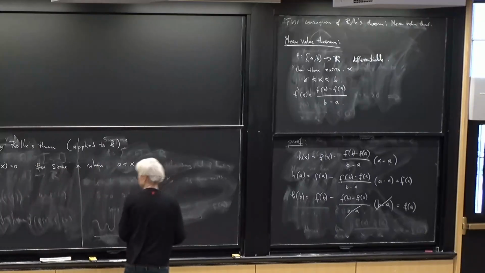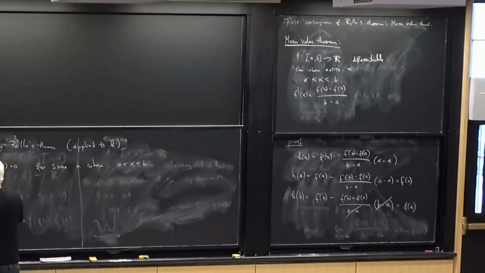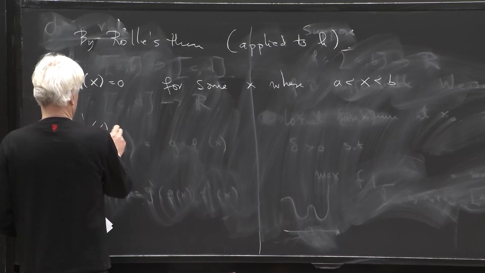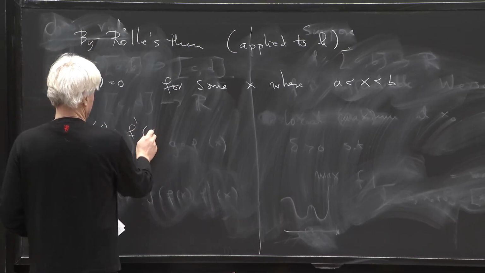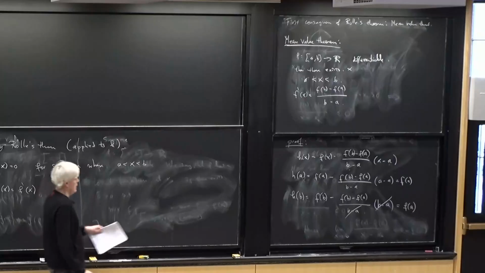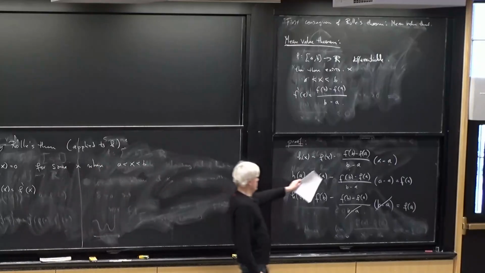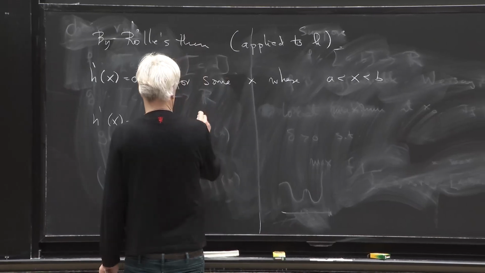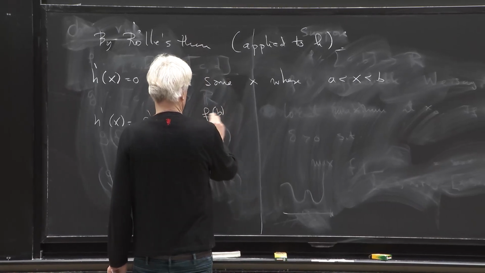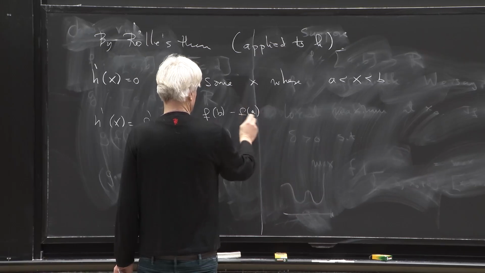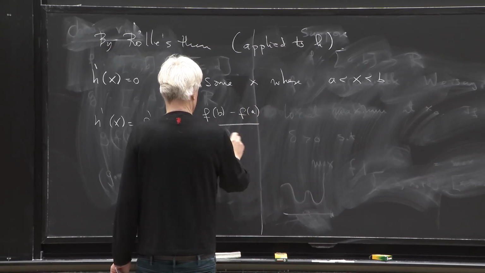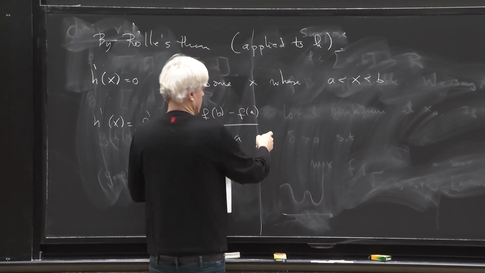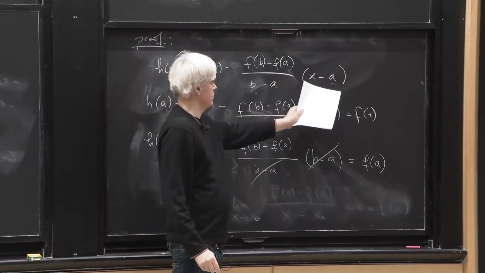So the derivative of h is the derivative of f, and this is just, again, a constant. So we have to keep that, minus f of b minus f of a over b minus a, and then the derivative of this is just 1.